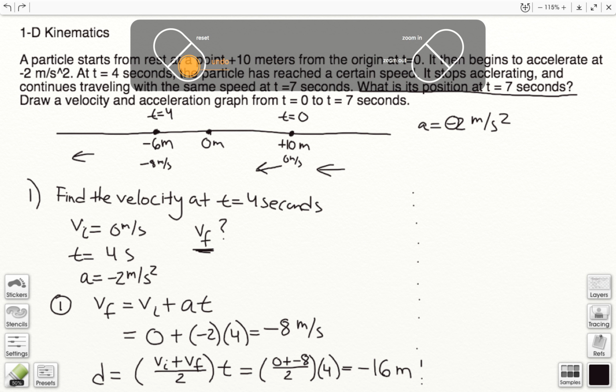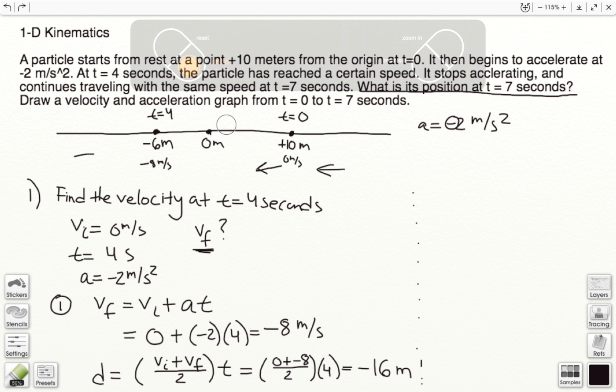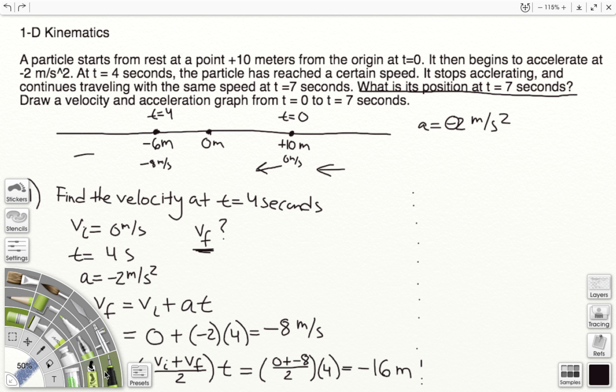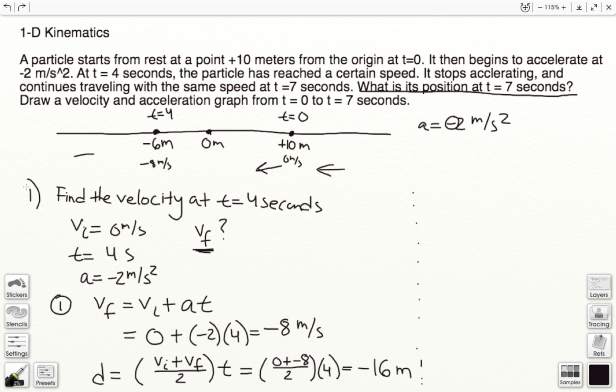Okay, so we know our final position is negative 30 meters at t equals 7 seconds.